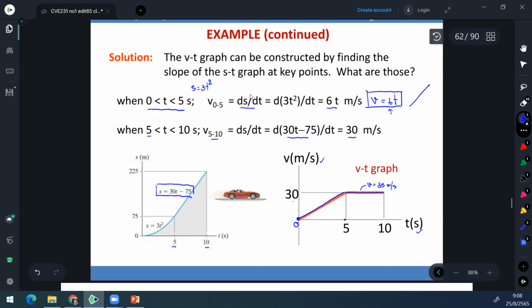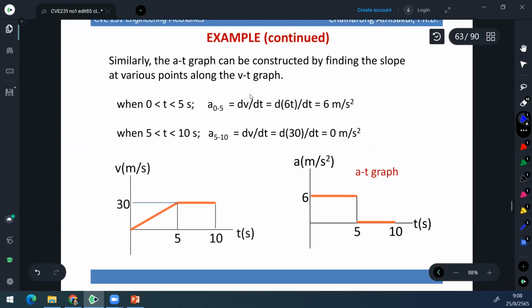Next, we will determine the a-t graph. We know that acceleration equal to dv by dt, which means that the slope of the v-t graph is equal to the acceleration at any time.